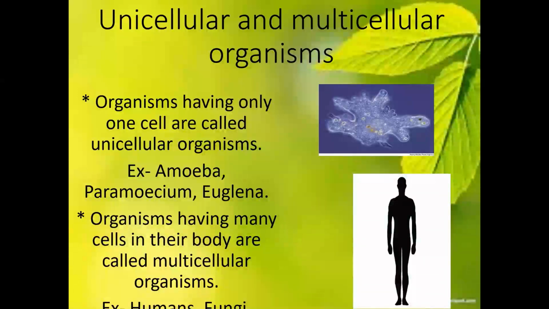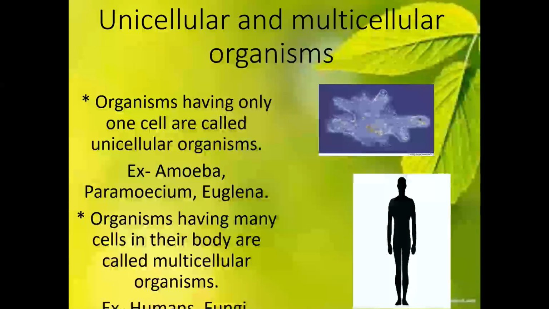Such organisms are called unicellular organisms. Whereas there are certain organisms which are made up of more cells, and such organisms are called multicellular organisms. I think many examples are striking to your mind.